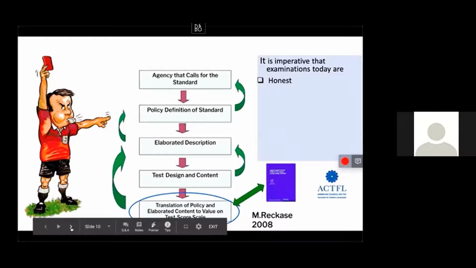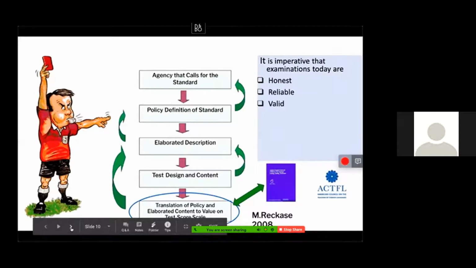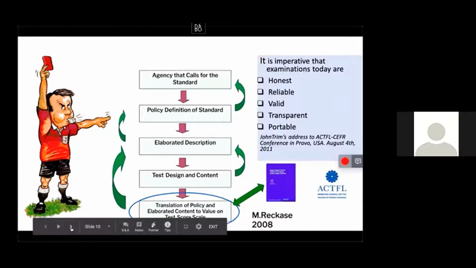Because we need to remember that examinations today need to be, I don't know if you're going to be able to see my slide here. Examinations today need to be honest, reliable, valid, transparent, and above all, portable. My score in Sweden needs to be understood by whoever receives my score in Italy or in Washington or in Colombia.